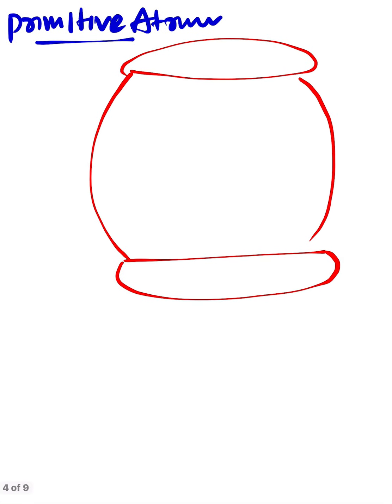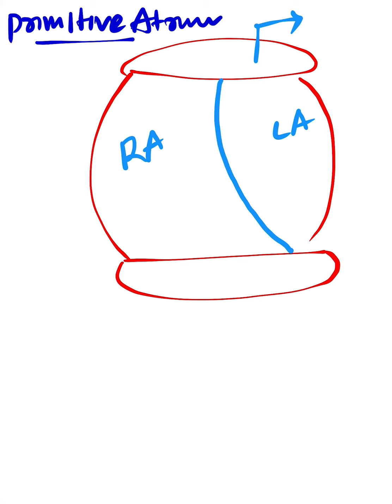This is the primitive atrium. This is the atrioventricular canal that is separating the primitive ventricle and primitive atrium. This primitive atrium splits into the right atrium and left atrium by an interatrial septum. Now, this atrioventricular canal splits to form the tricuspid valve and the mitral valve.